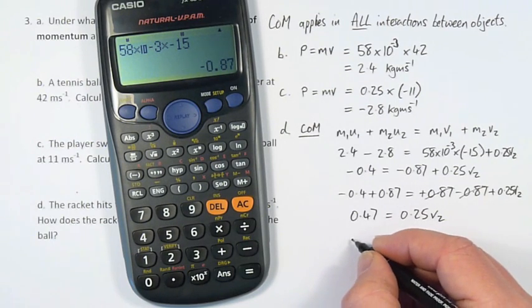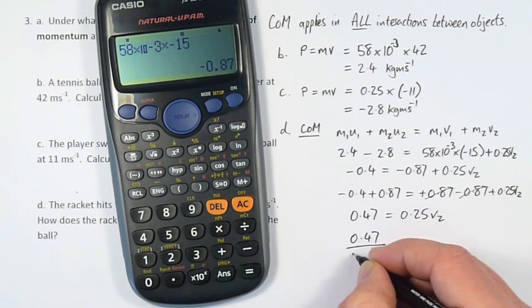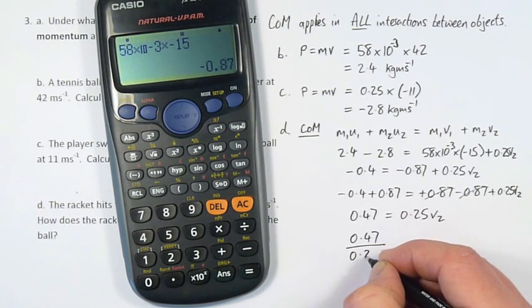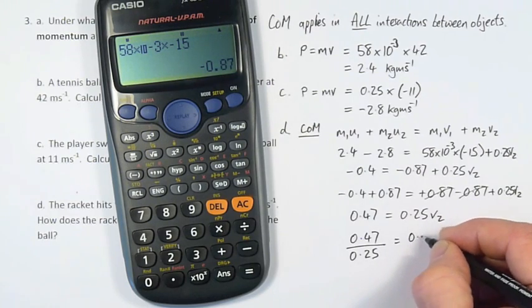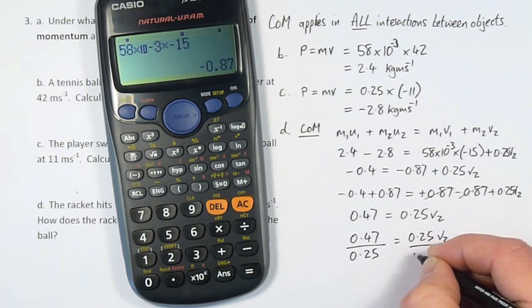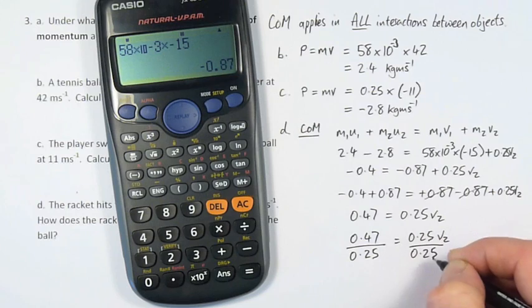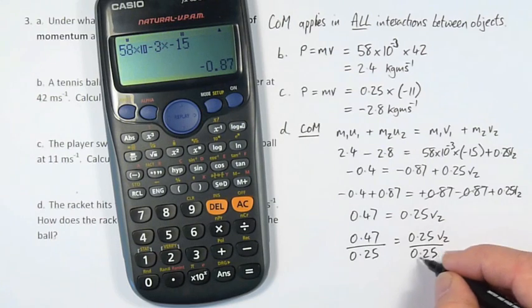So I will do 0.47 divided by 0.25 is equal to 0.25 v2 divided by 0.25. Both sides of the equation divided by 0.25. I need to calculate this side. This side, the 0.25s cancel out, and we'll get v2.